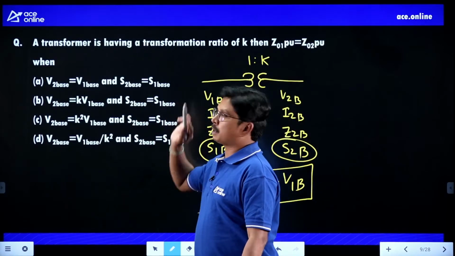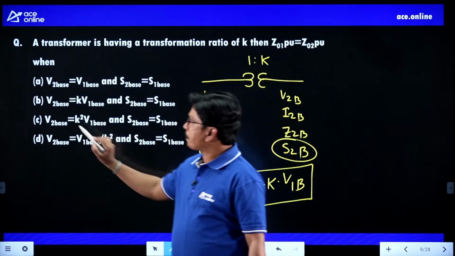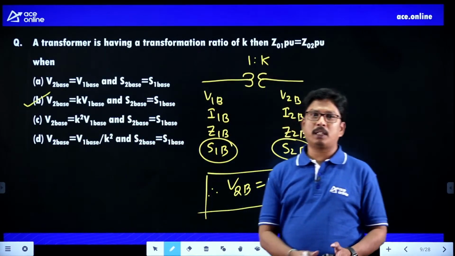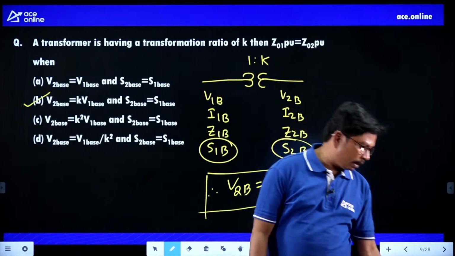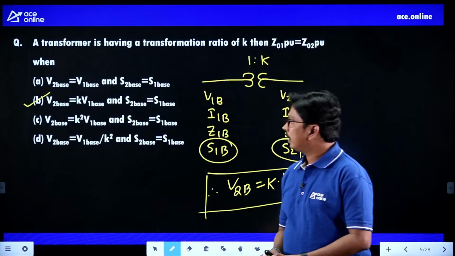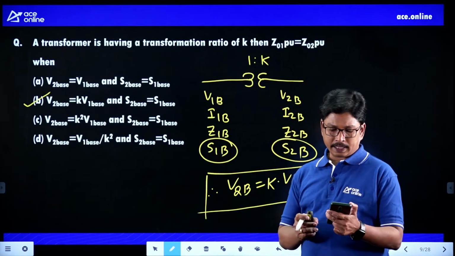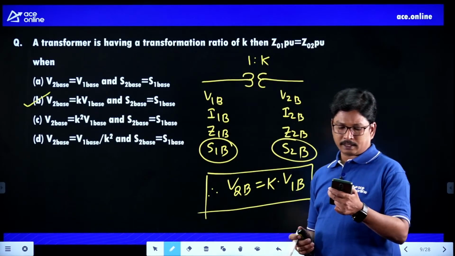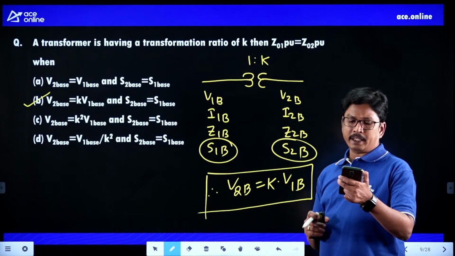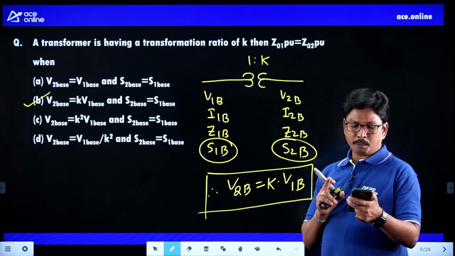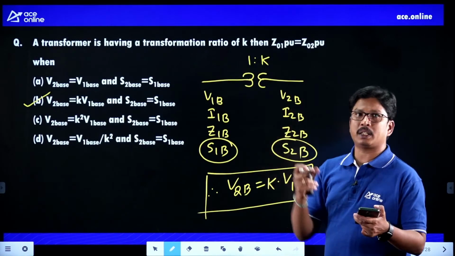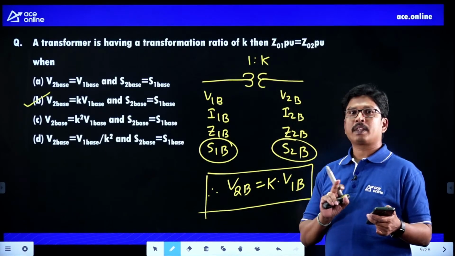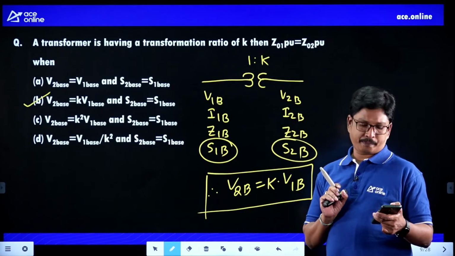So the correct answer is option B: V2 base is equivalent to K times V1 base and S2 base is equivalent to S1 base. Please check it. If you want to get K equivalent to 1 in per unit quantities, then you have to maintain these as the base quantities. Otherwise K will not be equivalent to 1.